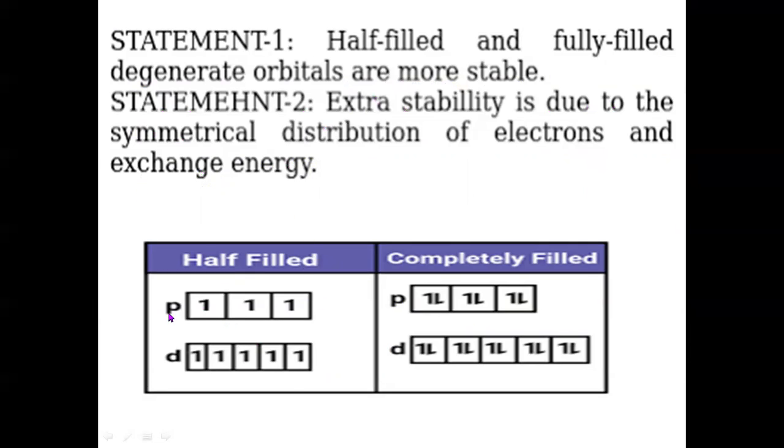Half-filled p means the p sublevel has three orbitals and all orbitals have one electron each. Two electrons each means completely filled. This is a half-filled p orbital, half-filled d orbital; this is a completely filled p orbital, completely filled d orbital. For example, in noble gases, p6 is completely filled. For elements like zinc, cadmium, mercury from the d block, the d sublevel is completely filled.